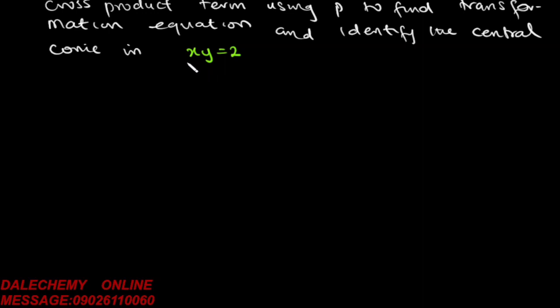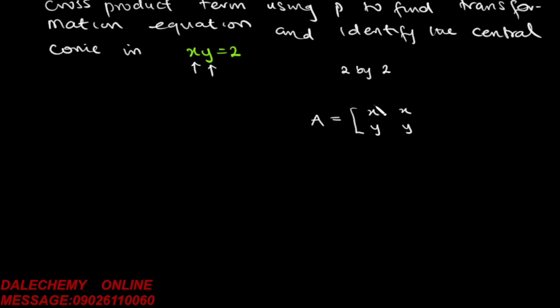Since we have just two terms here, x and y, the matrix we are going to form will be 2 by 2. So we're going to have a new matrix. You can name it A or any letter of your choice, and that is going to be x and y.